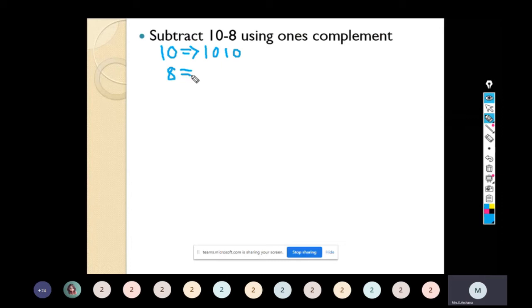Then the equivalent binary number for 8 will be 1000. Now we are going to subtract 1010 by 1000 using 1's complement.